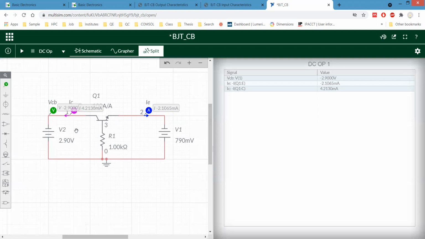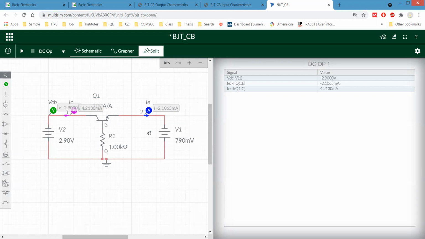Initially, we saw in the parametric plot that if we keep changing VCB, it should not affect the IE input current, right? But still it is changing. I don't know why. Maybe it is due to a problem in this platform.